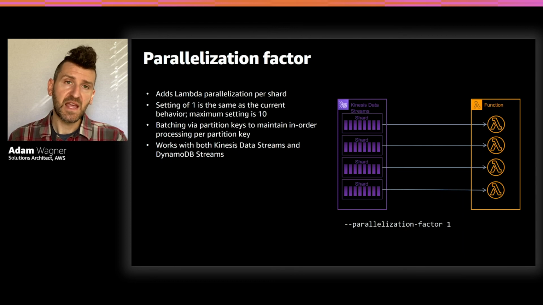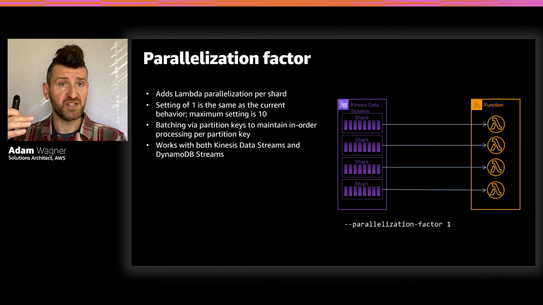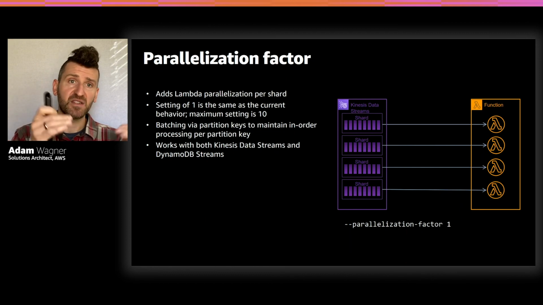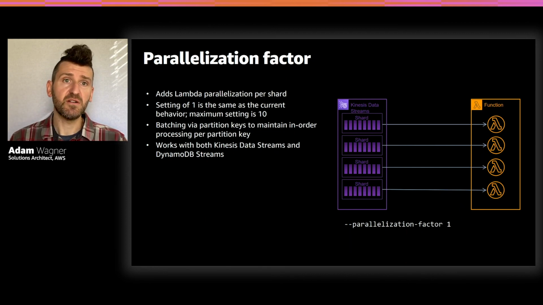It still maintains in-order processing per partition key. So, within a shard, you're going to have multiple partition keys still, and it's going to batch them up per those partition keys. So you're still getting that in-order processing per partition key.